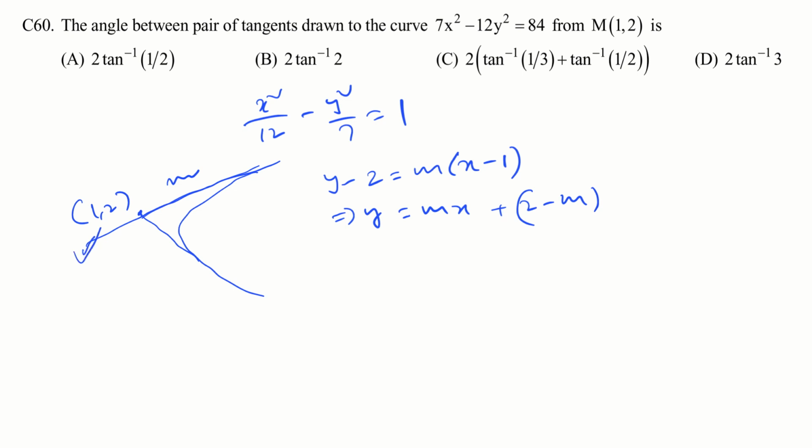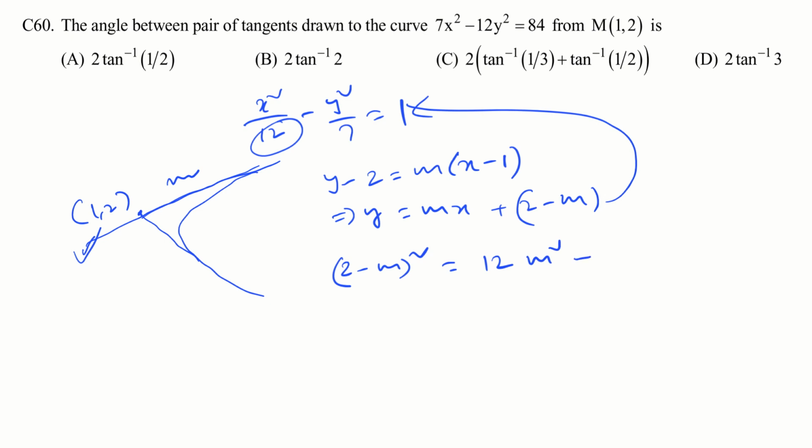Now we use the fact that it is a tangent to this one. So the condition is c square is equal to a square m square minus b square, where b square is 7. So simplifying this, what I get is 11m square, sending that side, this side minus 4m, so that will be plus 4m that side, minus 4 minus 11 is equal to 0.